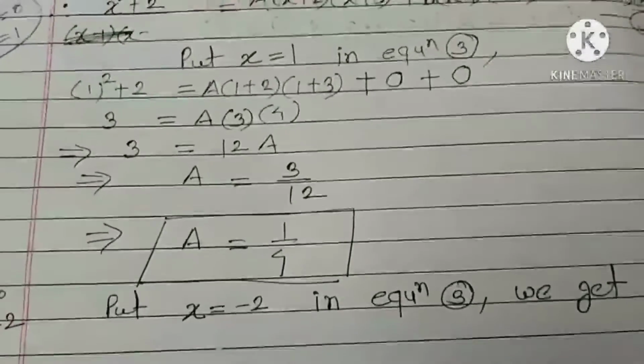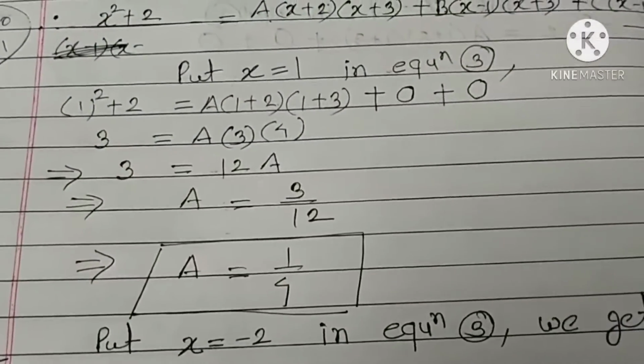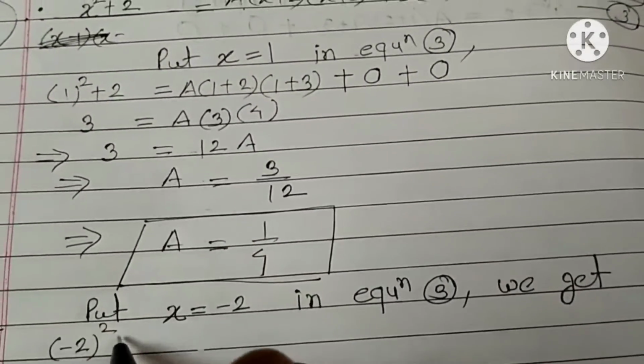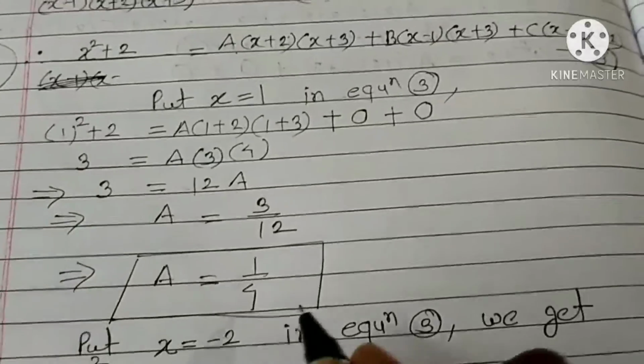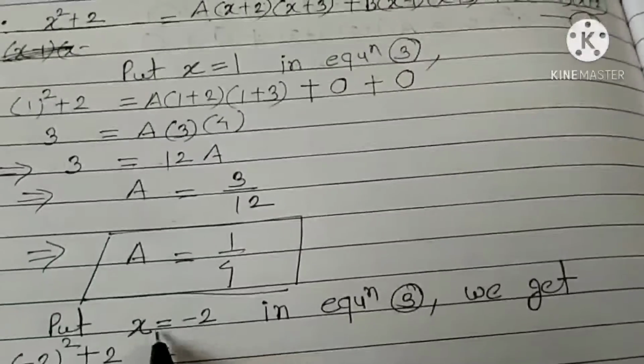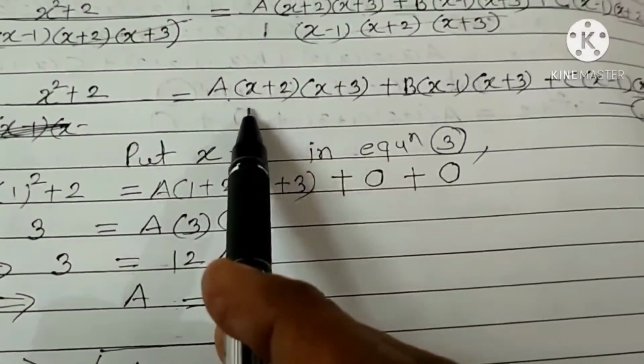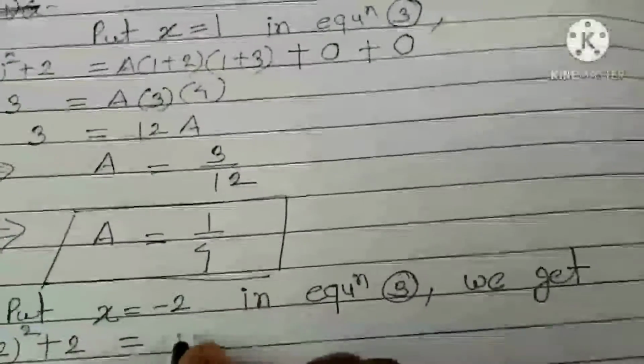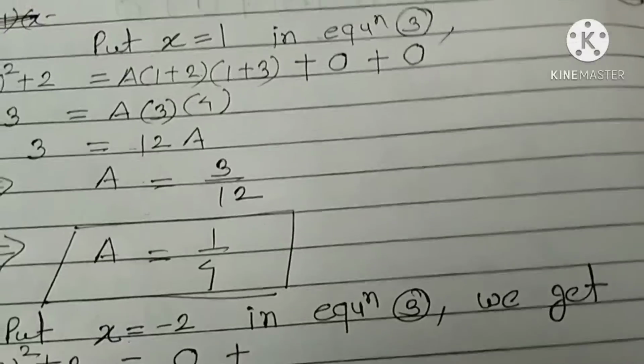Okay. Now put this value. So here minus 2 square plus 2, which is equal to. Now if we put x equal to minus 2, minus 2 plus 2 becomes 0. 0 into 0. So here the first part is 0 plus.